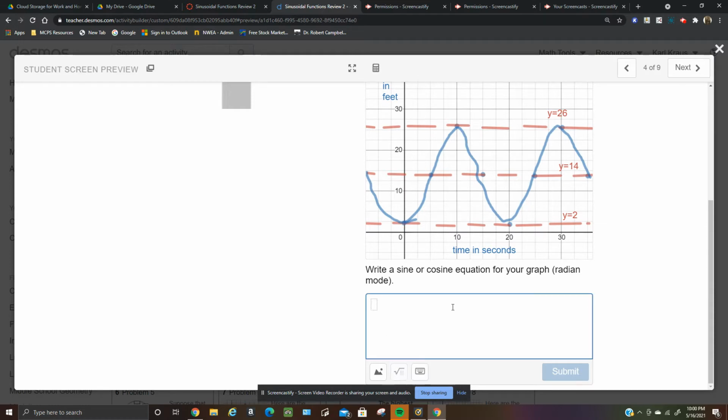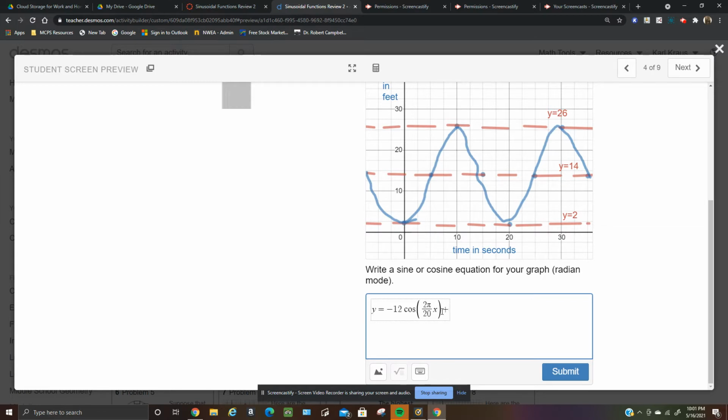And I would write a cosine equation here. Y equal, my amplitude is 12 cosine, or negative cosine, starting at a minimum, so I guess a negative. My period is 20, and they said use Radian mode, so 2 pi over 20 x, and then plus 14.